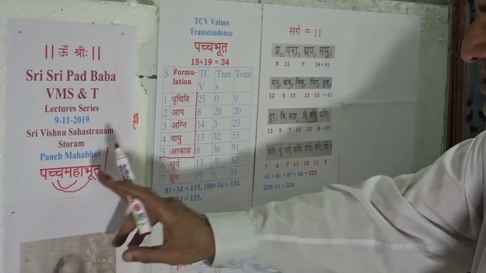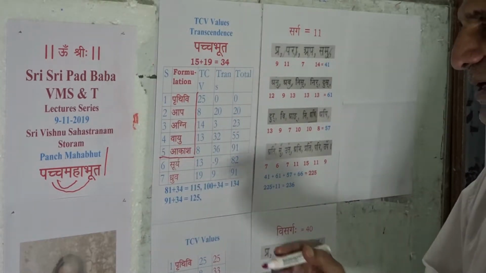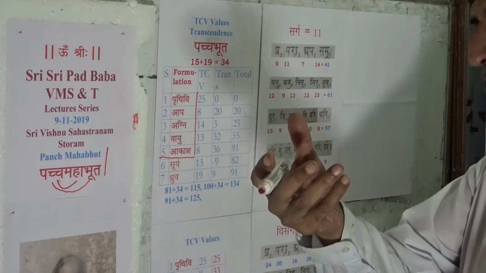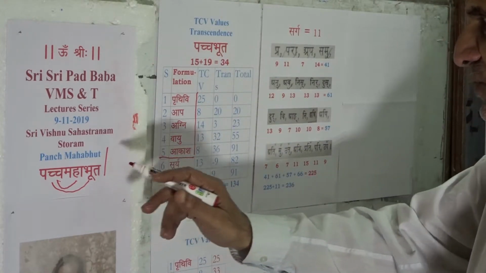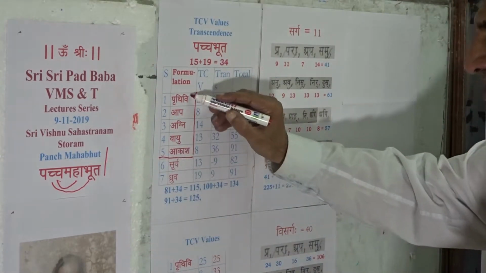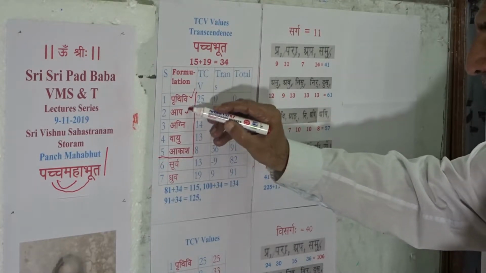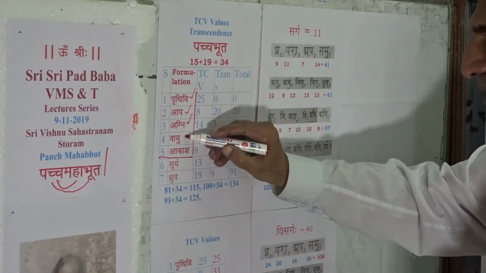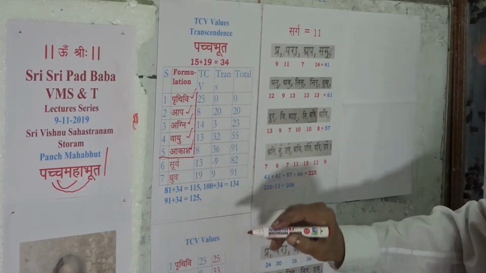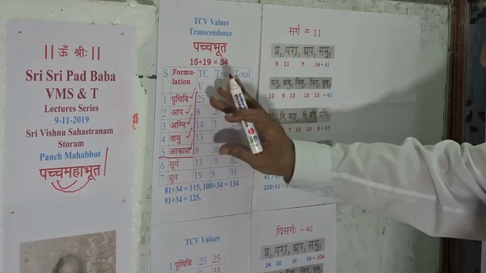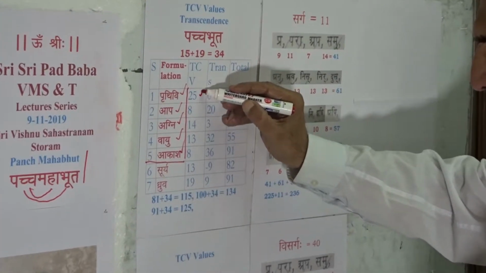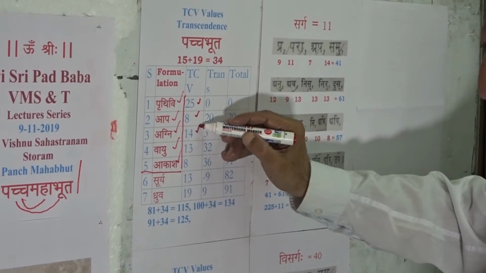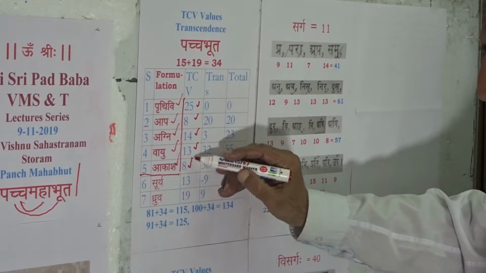Panchbhut and Panchmahabhut are an interrelated conceptual range of formulations. Panchbhut are the five formulations: Prithvi, Apa, Agni, Vayu and Akash. These formulations as Bhut formulations are leading us to TC values 25, 8, 14, 13, 8.